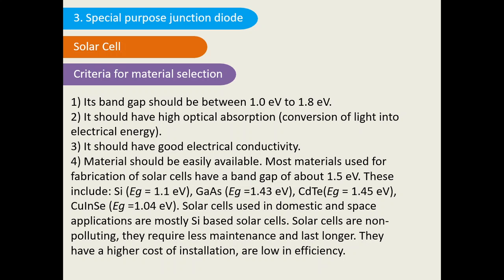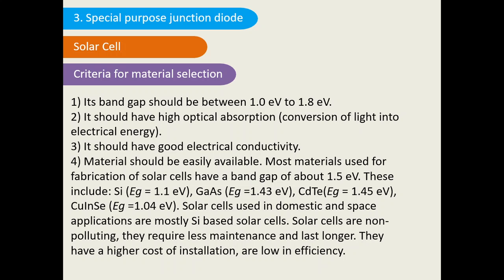It should have good electrical conductivity, so the semiconductor material is chosen in such a way that the electrical conductivity is high. The material should be easily available, and most materials used in the fabrication of solar cells have a band gap of about 1.5 electron volt.